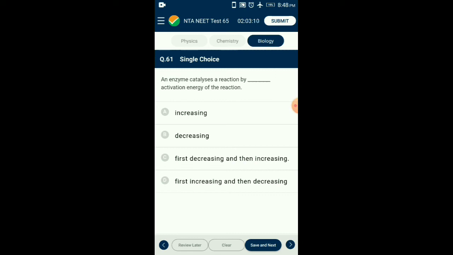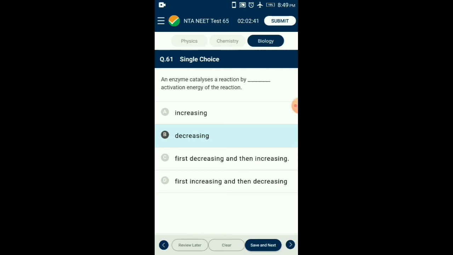Activation energy is lowered by using binding energy, which is released when the substrate binds to the active site of the enzyme to form the enzyme substrate complex. Thus enzyme substrate complex formation is very much necessary for the enzyme catalyzed reaction to occur. So the answer is option B. An enzyme catalyzes a reaction by decreasing the activation energy of the reaction.